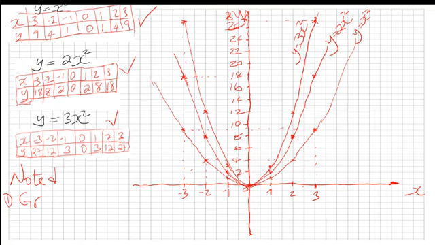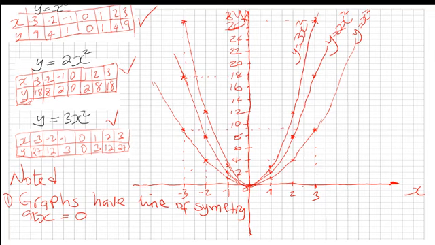So we can say that we observed that graphs have a line of symmetry at x is equal to 0, which means this y line is our line of symmetry. Where it starts to turn, that's what we call line of symmetry.